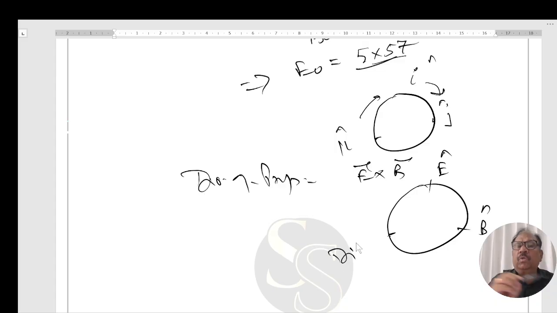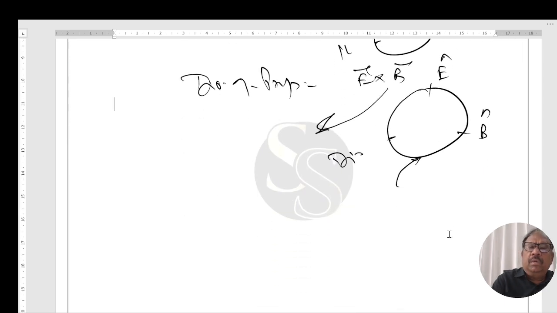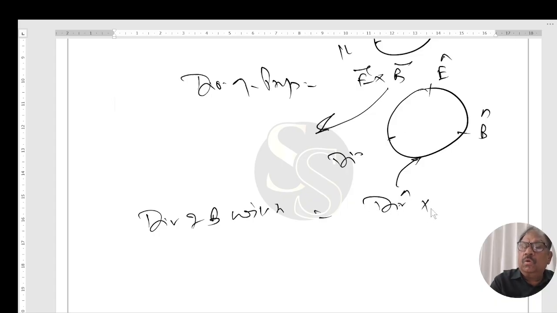So we have to find the direction of B. To find B, we have to take direction cross this one. Means direction of B will be equal to direction unit vector cross electric field unit vector.